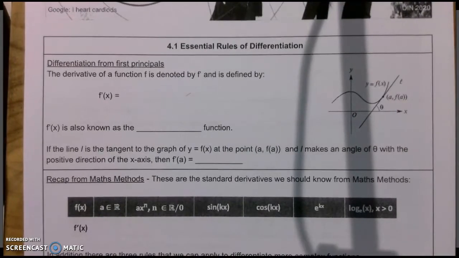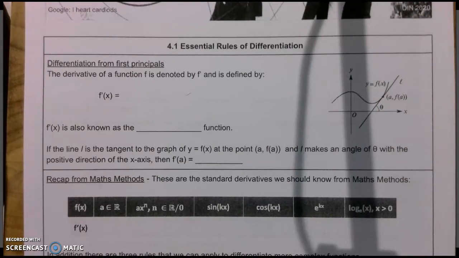But to begin with, hopefully informed by that Desmos activity, we're just going to talk briefly about differentiation from first principles. And this should be something that you've covered as part of maths methods. So differentiation is the idea of trying to find the rate of change of a graph with respect to a different variable. And on a graph, that would be the independent variable x, and the rate of change is the gradient of the curve.